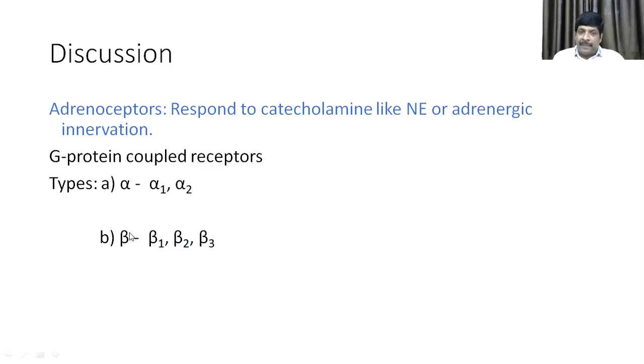If I say norepinephrine does not bind with the beta 2 receptor, it may bind, but the action due to beta 1, beta 3, alpha 1 and alpha 2 will be much greater than beta 2. So there will be no marked effect on beta 2, and that's why you can say it does not act on the beta 2 receptor. This is always relative binding, not the absolute binding we talk about in pharmacology.